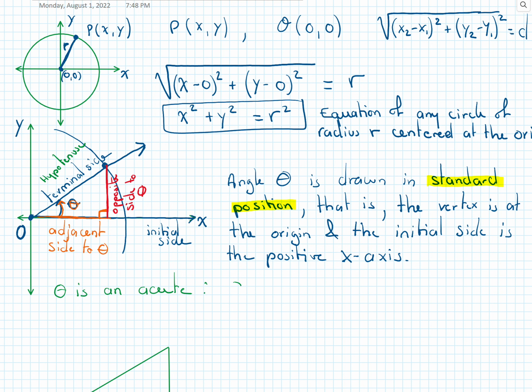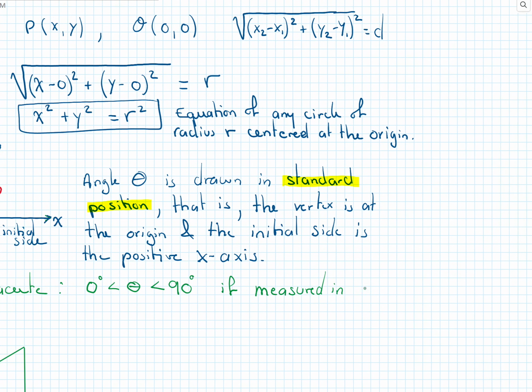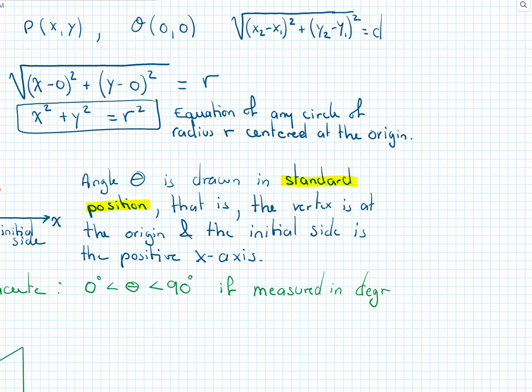That means that it is between 0 degrees and 90 degrees if measured in degrees. And it is between 0 and pi over 2 if measured in radians.